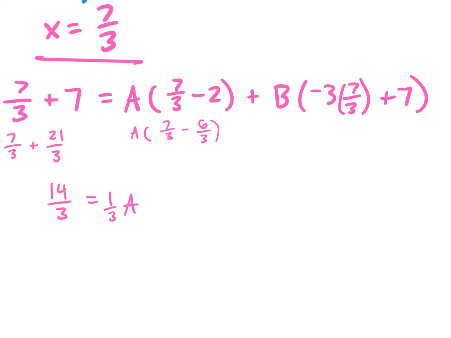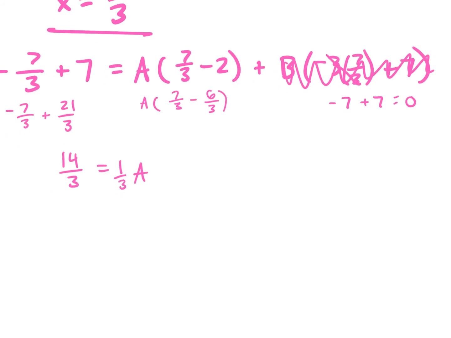And then here, the 3's cancel. So I have negative 7 plus 7, which is 0. So b goes away because b times 0 is 0. So since it's b times 0, we can just cancel it out. Get rid of it.